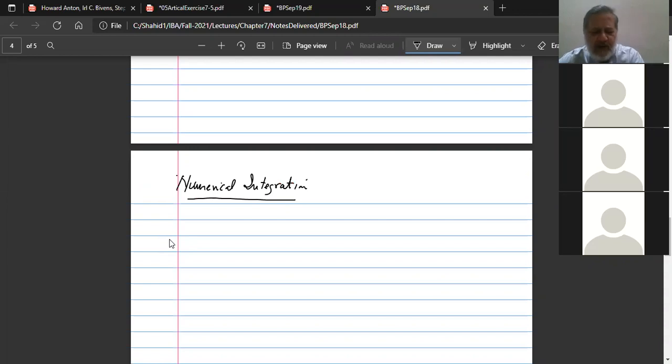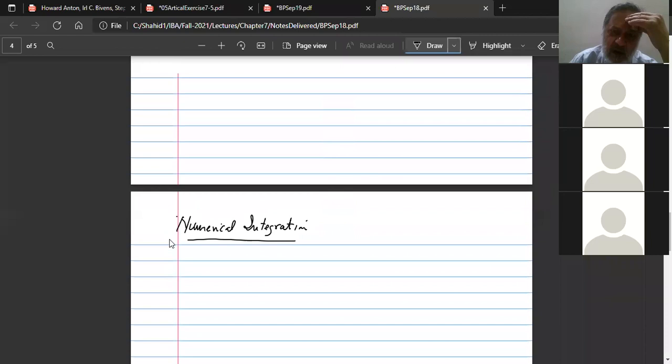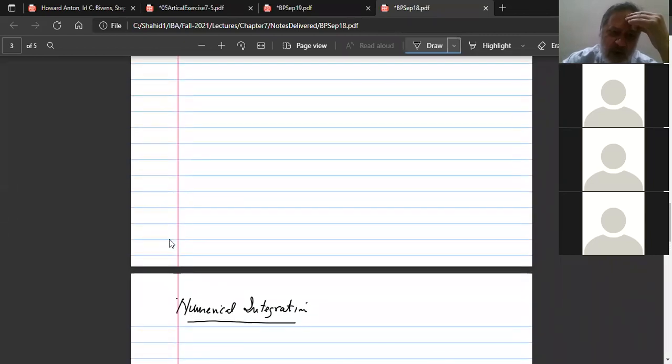Now, first of all, I'll remind you what we have been doing up to now. What we have been taught up to now in this semester. Most of the people would be thinking the integration पढ़ाई जाए. No. मैंने थोड़ा सा derivative revise किया था.